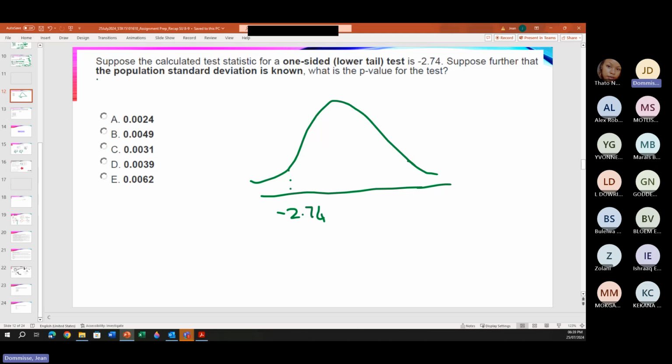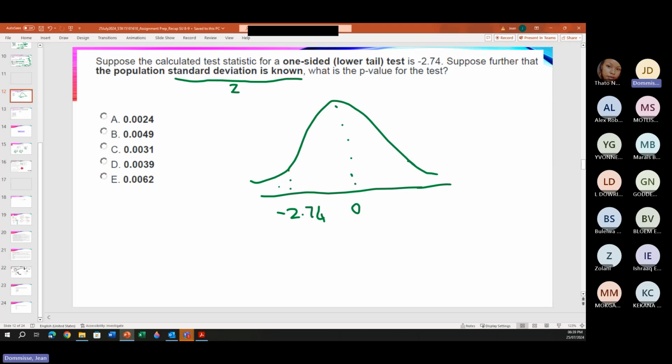Suppose further that the population standard deviation is known. We're working with a Z, so we can use the Z table. What is the p-value for the test?